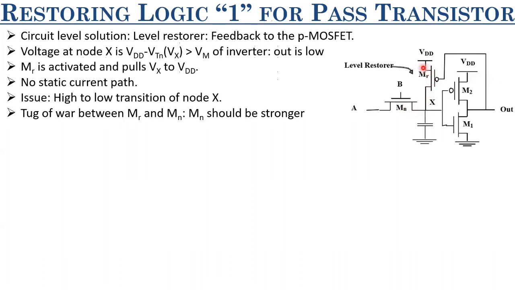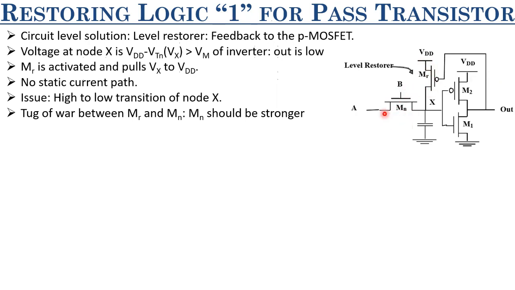So if the pulling strength of MR is larger as compared to MN, this node will never go below Vm of this inverter, and this X will never go to 0. So the sizing constraint that we have now is that the size of Mn should be such that its current driving capability, or its pulling strength, should be higher as compared to Mr. Why?